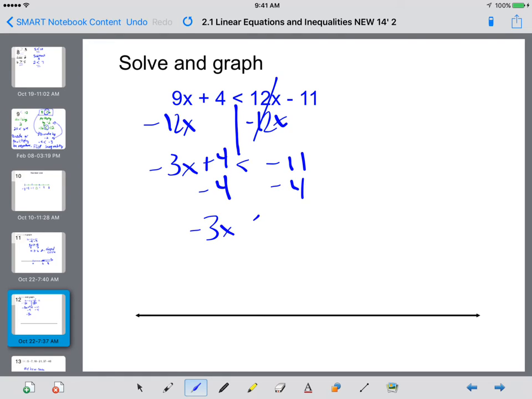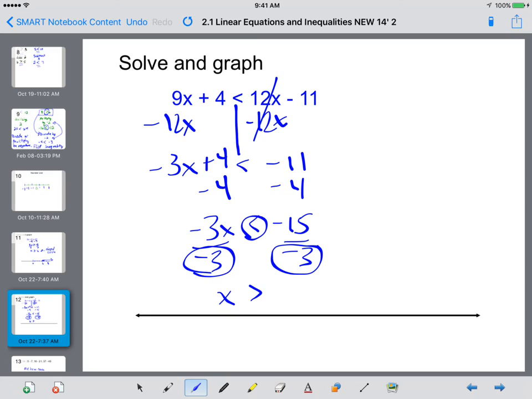I get negative 3x is less than negative 15. Now I'm going to divide by negative 3. Every time I divide by negative 3, the bottom number is negative, so I need to flip the inequality. Negative 15 divided by negative 3 is a positive 5.